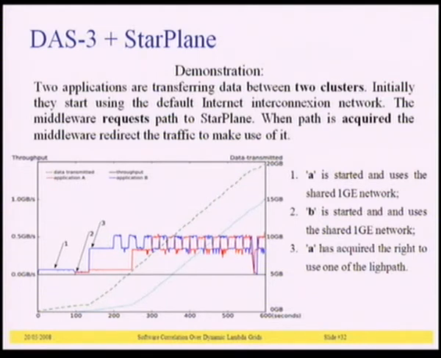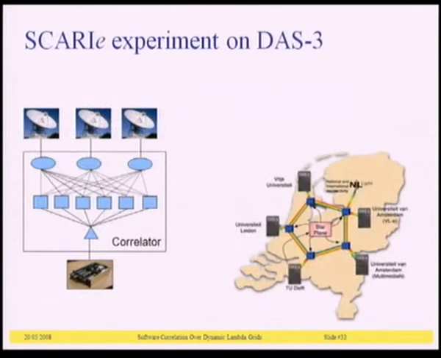And after some time, we can see that the application has received the right to access the fast interconnection network, the 10 gigabit light path, and then all its traffic is switched, and we can achieve much better bandwidth. So we have enough bandwidth to transmit data between the input nodes and the correlation nodes.